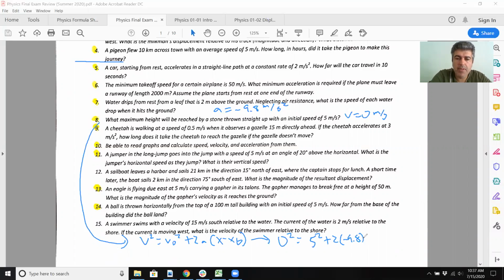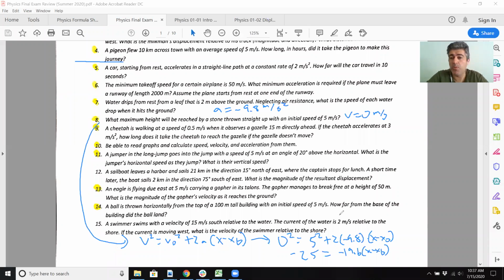Try and solve for this, and be mindful of the signs and the directions you're dealing with. So that's negative 25 on this side, and that's negative 19.6. If I work that on my calculator, remember you want a positive distance, right? 25 divided by 19.6, you get about 1.28 meters.